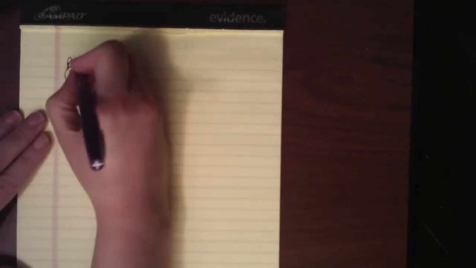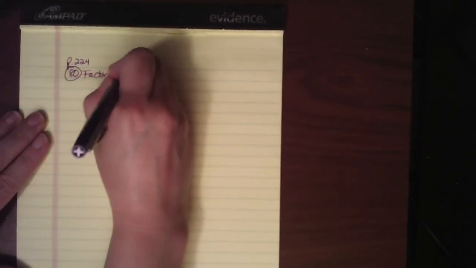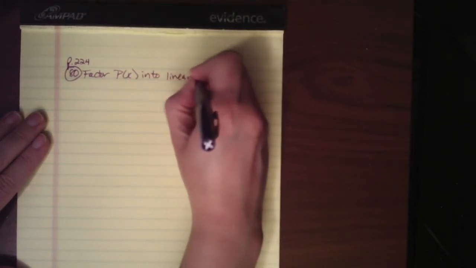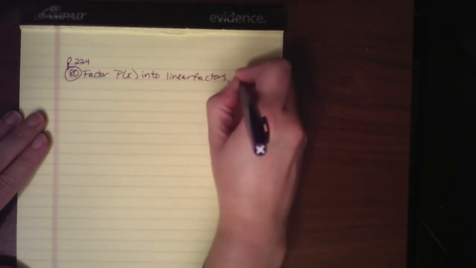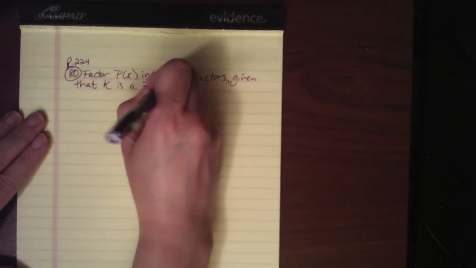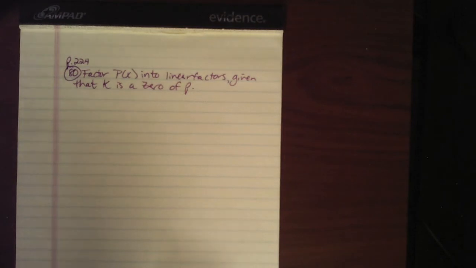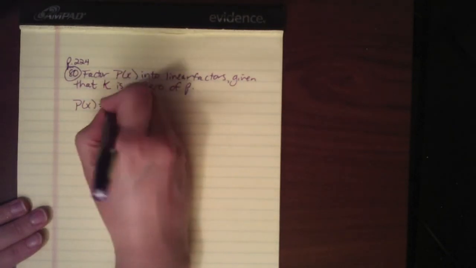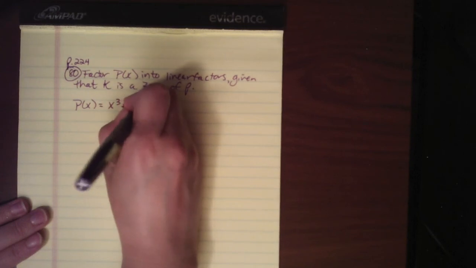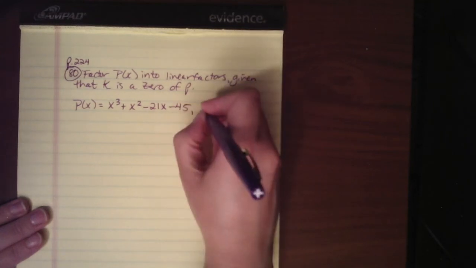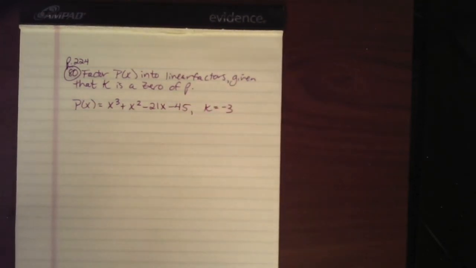And it says to factor p of x into linear factors given that k is a 0 of p. Okay. Factor p of x into linear factors given that k is a 0 of p. So the polynomial that they give us is p of x is equal to x cubed plus x squared minus 21x minus 45. And the k value that's provided is negative 3.